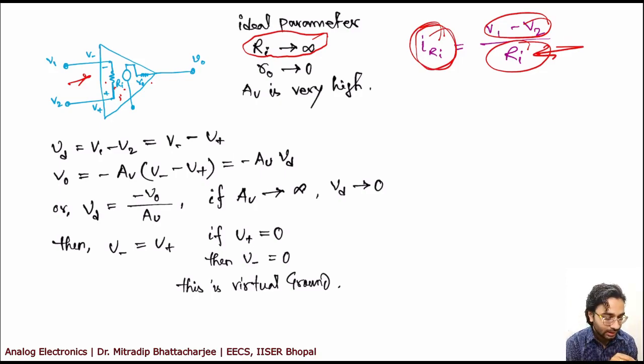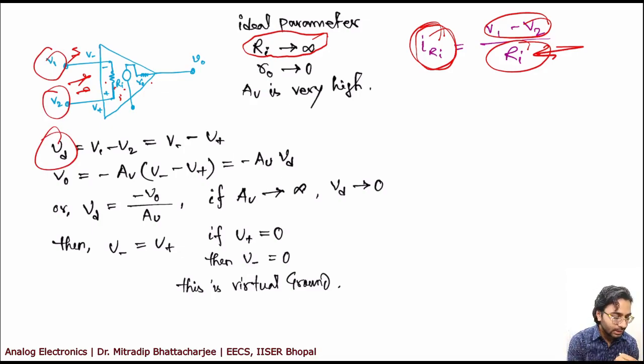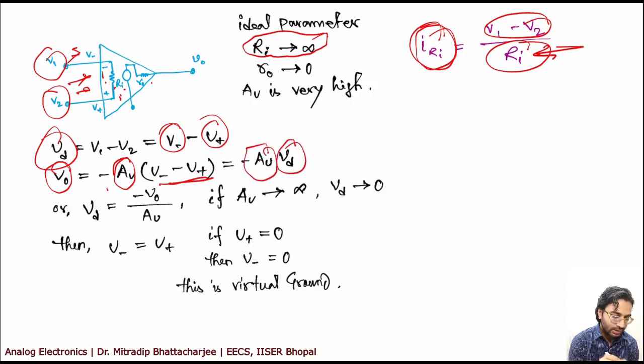That's why we can say that the current through this terminal is 0. Now what is VD? VD is nothing but V1 minus V2, or as I have shown here as minus and plus, it is V minus minus V plus. And your output is minus AV, the gain, into V minus minus V plus, which is nothing but minus AV into VD. Your VD will be minus V0 by AV, which is very simple to calculate from here.